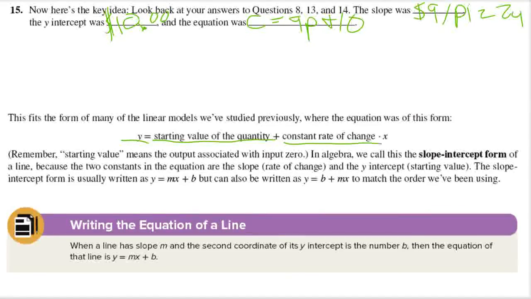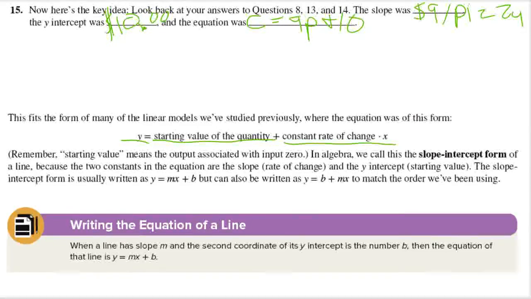Constant rate of change. For every additional x, we get another, in this case, $9. That remains constant no matter how many pizzas you order. And then they mention that starting value means output associated with input 0. So if we make x 0, the y we get is the starting value.